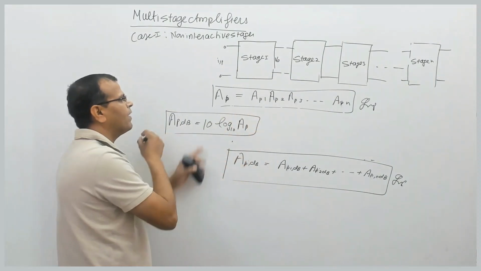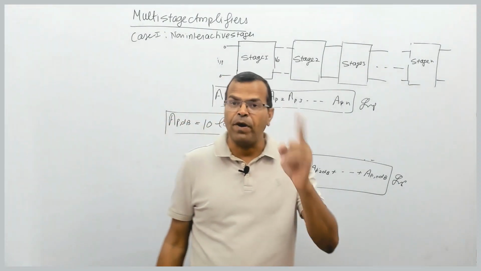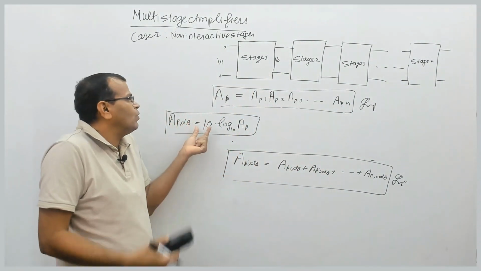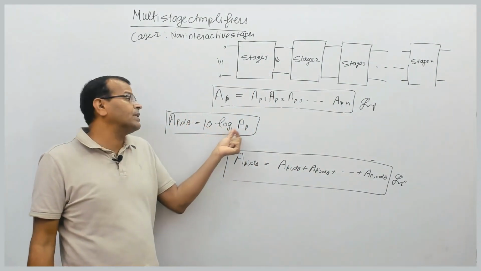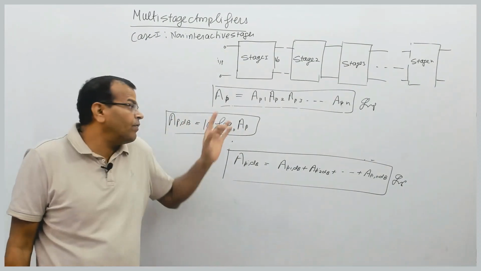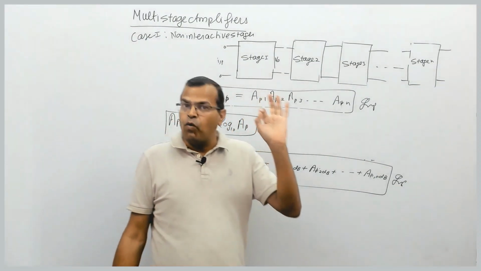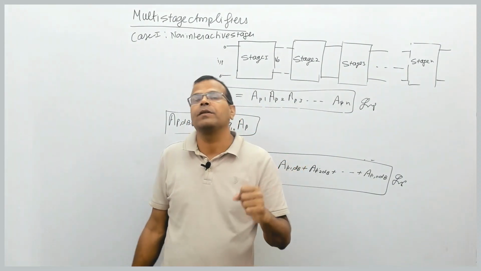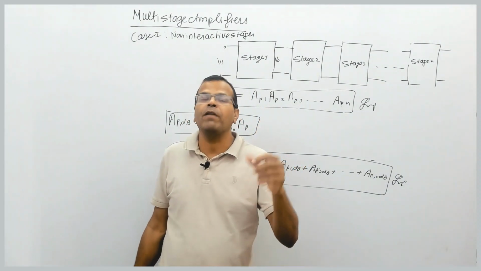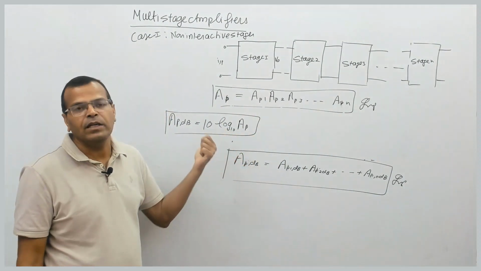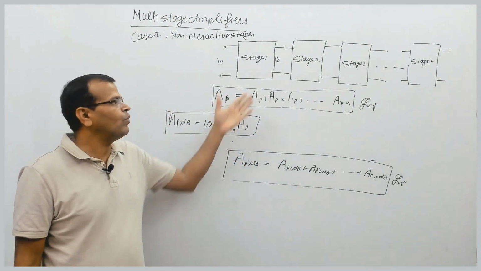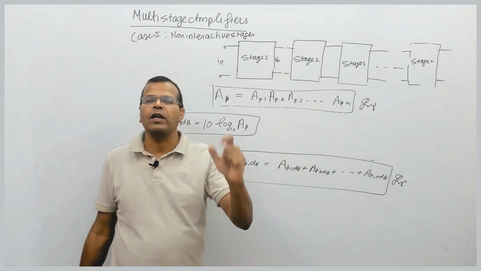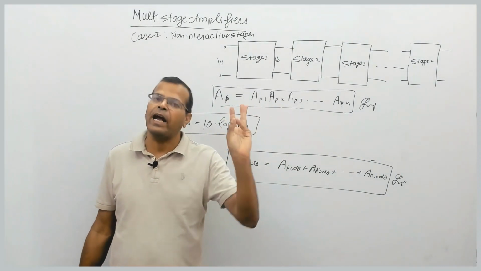So the outside factor, instead of 20 for power, is 10. Overall power gain in decibels is 10 log base 10 of AP. This is the difference in power, voltage and current gain. In the case of voltage and current, it is 20 outside in dB, but in the case of power it is 10 outside in dB. Otherwise, as far as expressions are concerned, they are similar for voltage, current and power.